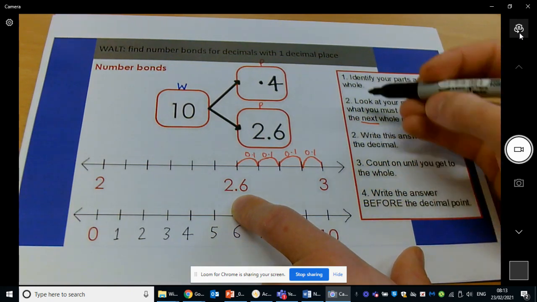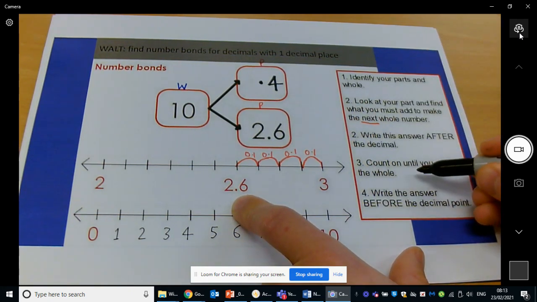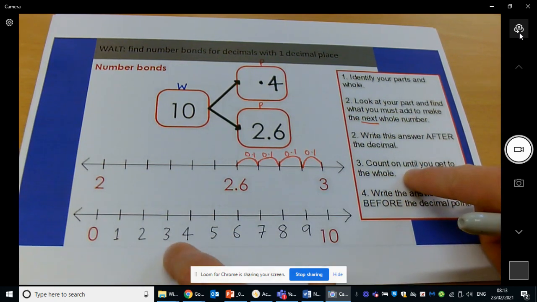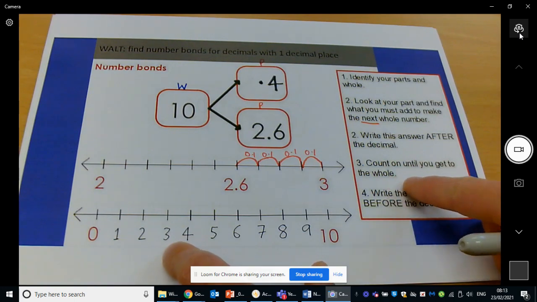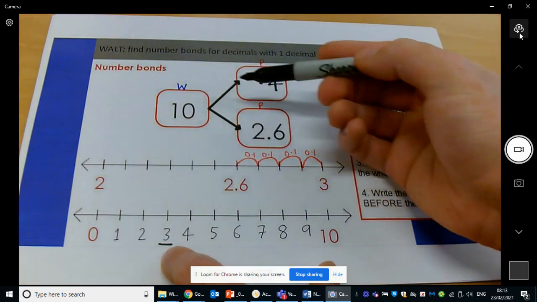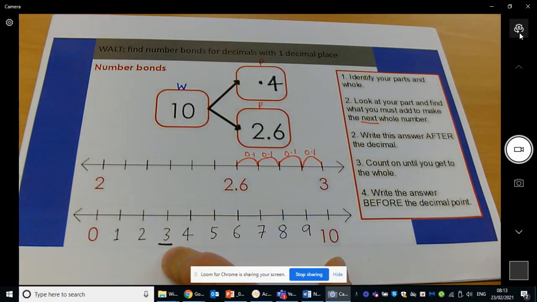Then the numbers on here have been messed up as well, so it should be step 4. Now that we are on 3, we need to count on until we get to the whole. So 3 is here. We need to get to the whole number, which is 10. So going along this number line, let's see how many we need.